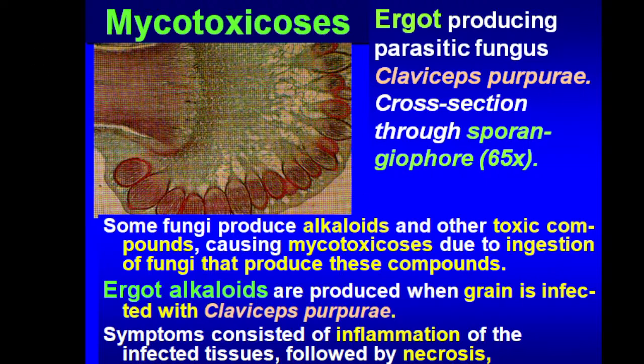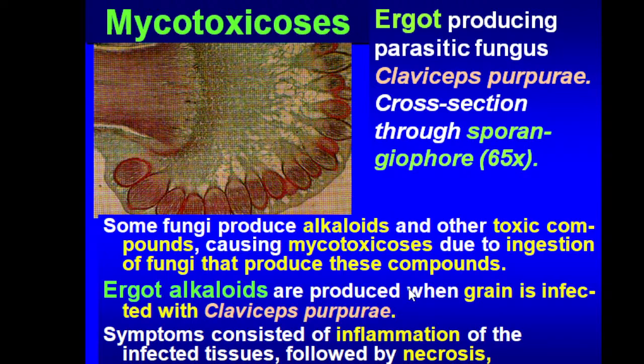You can see the sporangiophore there and the spores that undergo maturation. They may produce alkaloids and other toxic components, and then they can cause mycotoxicosis due to the ingestion of the fungi that produce this, or the substrate where these fungi grew.